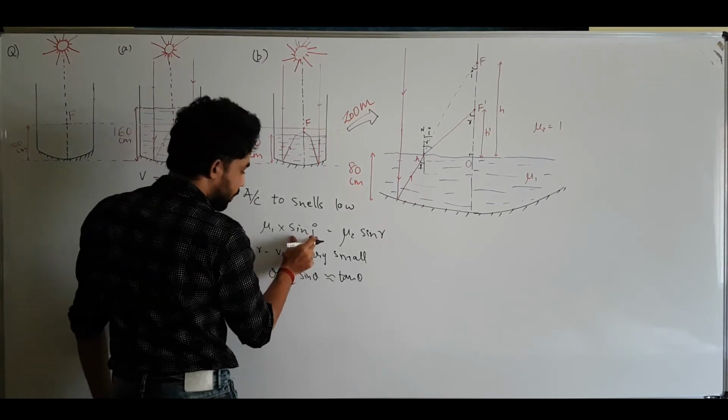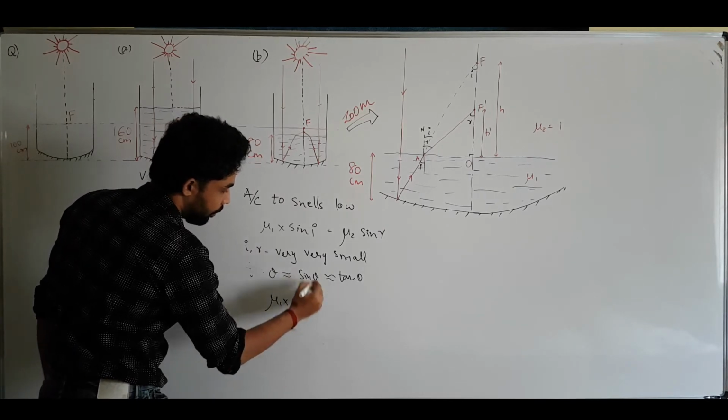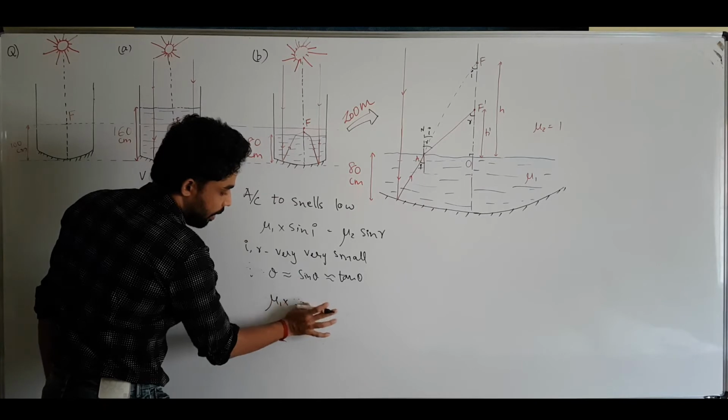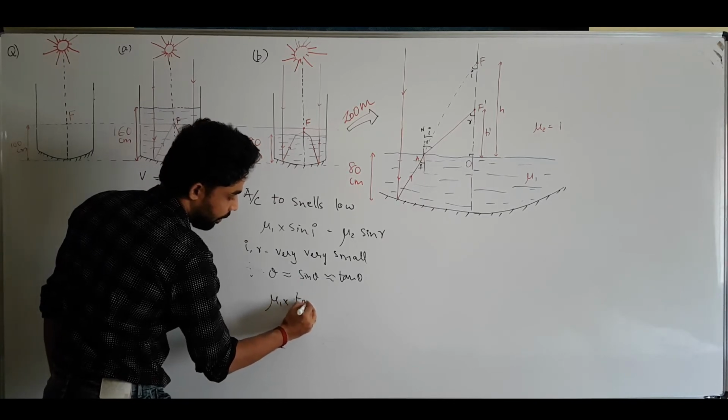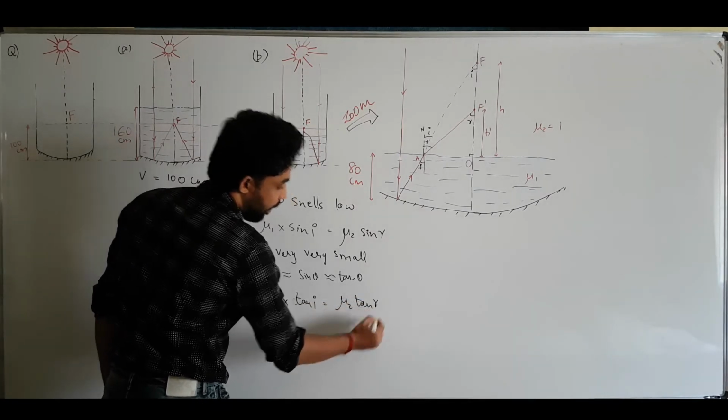So I can replace this with mu1 times tan I, and here I can replace this with mu2 times tan R.